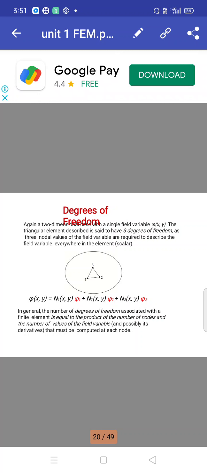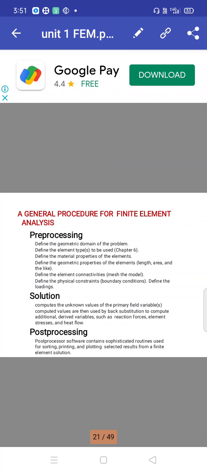So phi(x,y) is equal to N1(x,y) phi1 plus N2(x,y) phi2 plus N3(x,y) phi3. In general, the number of degrees of freedom associated with a finite element is equal to the product of the number of nodes and the number of values of the field variables, and possibly its derivatives, that must be computed at each node. That is the main thing.